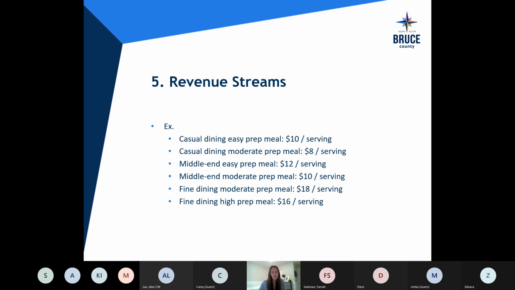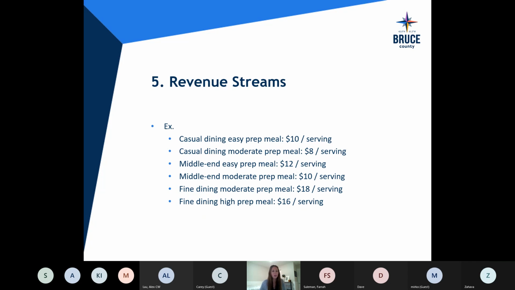So for my example, I'm going to lay out, again, this is revenue streams. I've got a lot of different options, but I'm going to decide that I'm going to lay out my pricing points based off of several factors. One being the type of cuisine, but then in addition to that, the ease of prep. So if I have casual dining, maybe it's burgers and fries. However, my customers like healthy food.